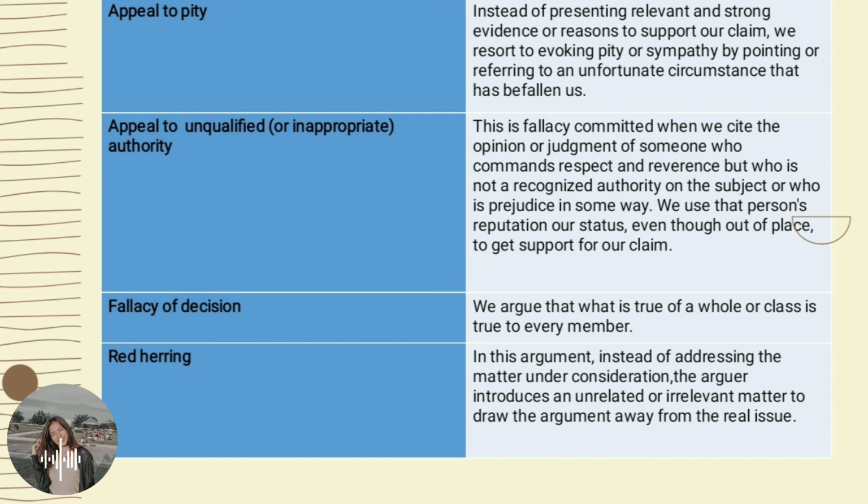For example, in a simple situation in a mall, there is a child who wants a toy. Then, he wants to buy it. Then, the mother says, "Baby, let's go home. Daddy prepared a yummy treat for you." So, the mother is trying to change the topic of her child.